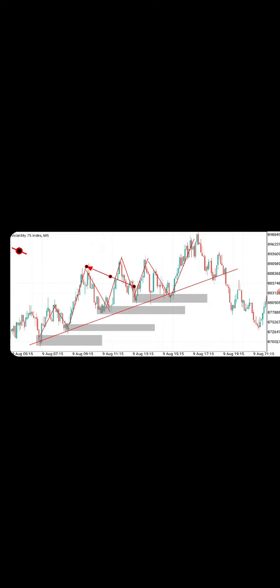That is one of the advantages it does for us. It gives us a zone where we expect the end of this retracement.